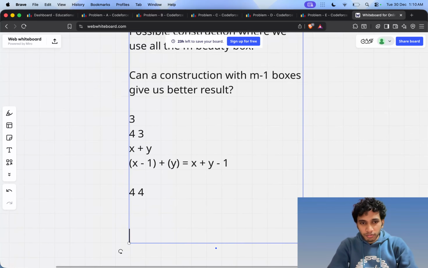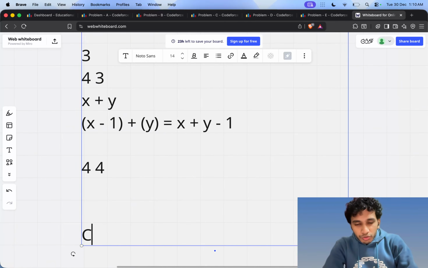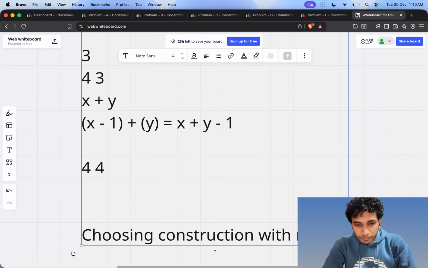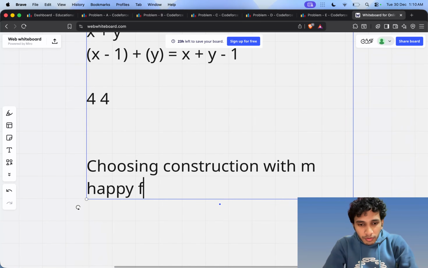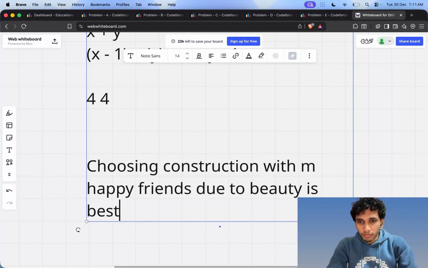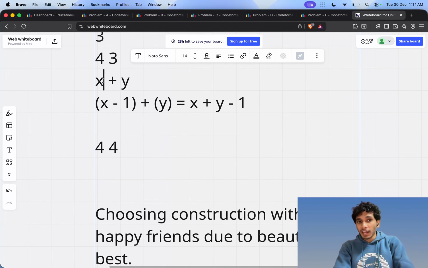So we come to a conclusion that choosing a construction with m happy friends due to beauty is best, keeping in mind that we already had the most optimal version of choice.